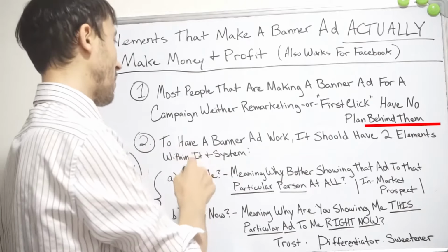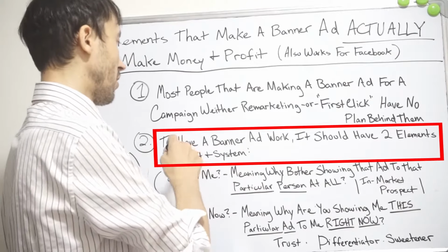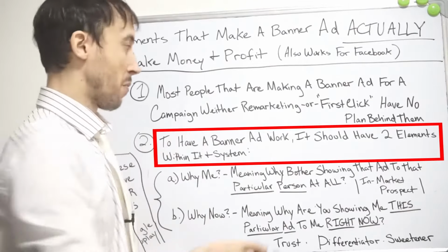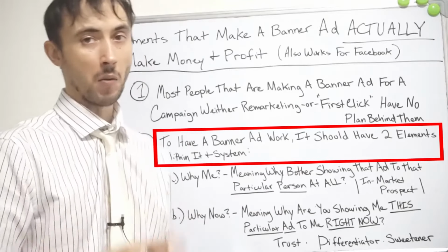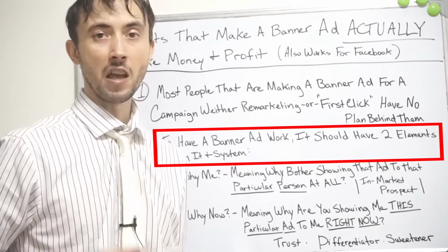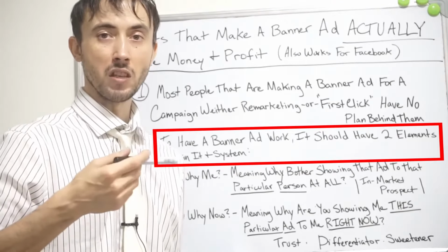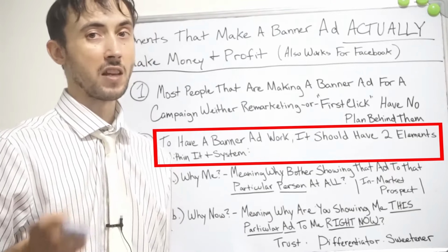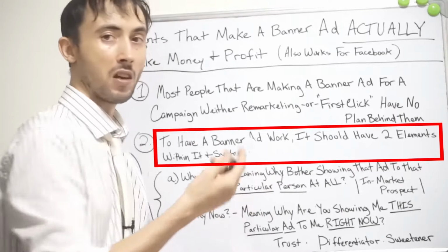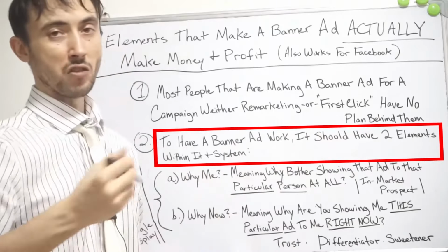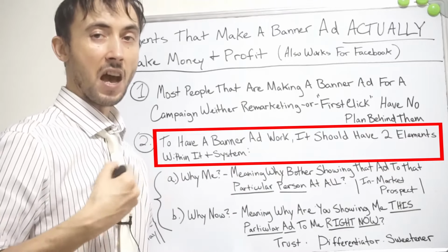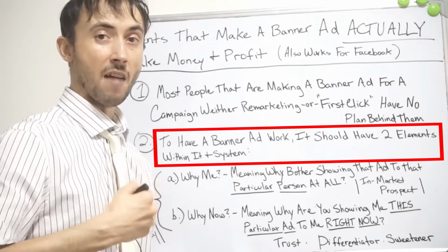So number 2 on my list here: to have an actual banner ad campaign work for yourself, where you're building it completely from scratch, having to come up with an ad, learning how to target people where it can potentially be profitable, and then deciding where to send users, as I mentioned at the beginning of the video, it should have 2 elements virtually every time. For me, it's got to be required to have these 2 things.